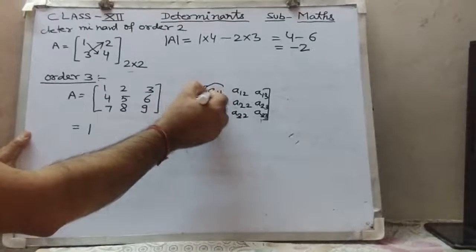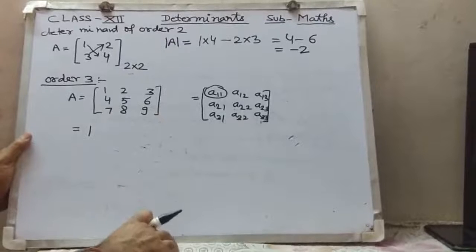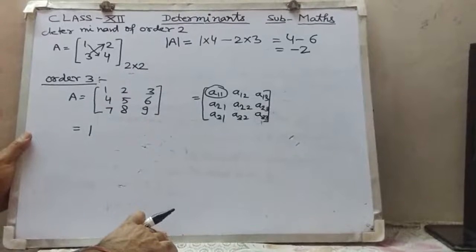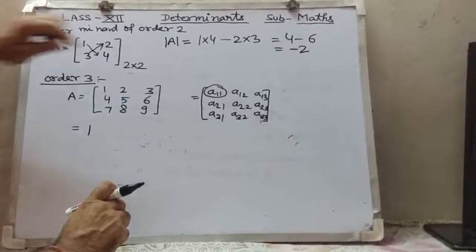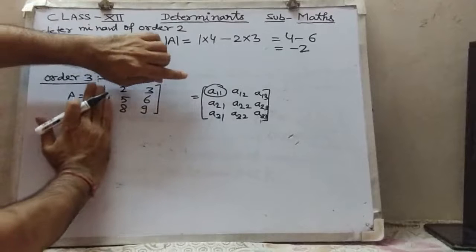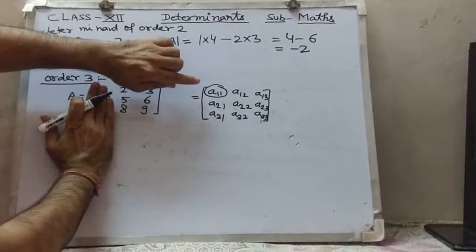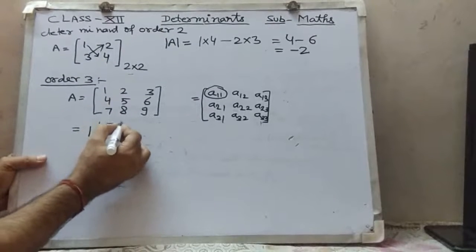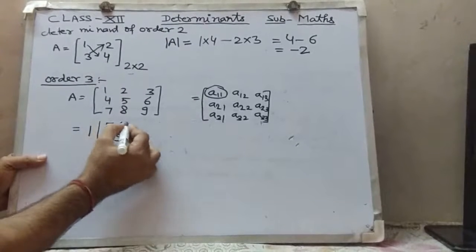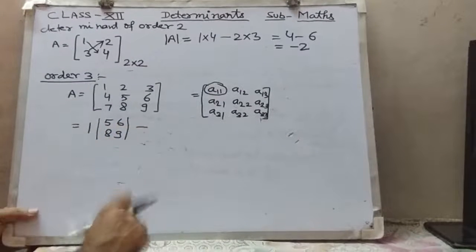This element is A11. This is of first row and first column element. So for finding out its determinant, after writing this element, we have to hide the elements of first row and first column. After hiding the elements of first row and first column, the remaining element will be written like this: 5, 6, 8. Now put a negative sign here.